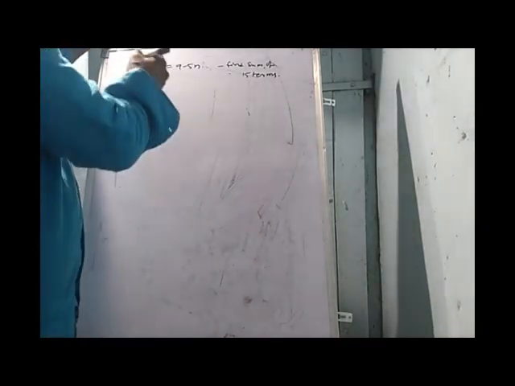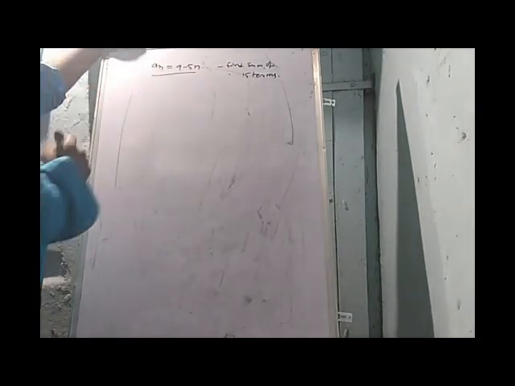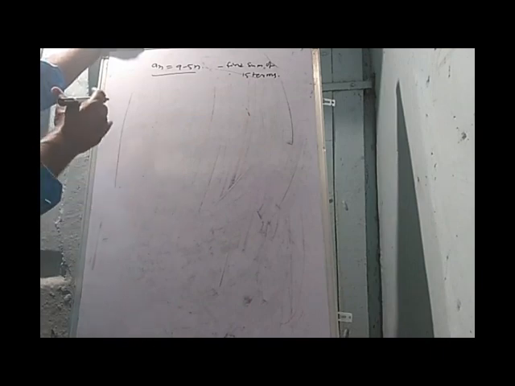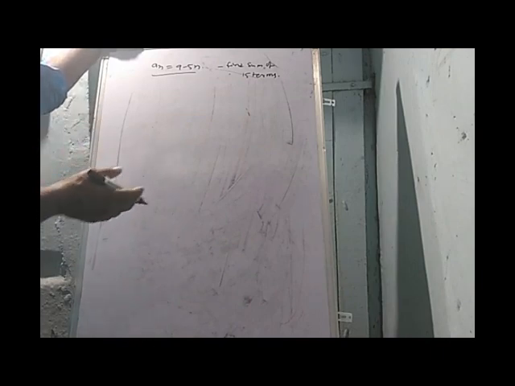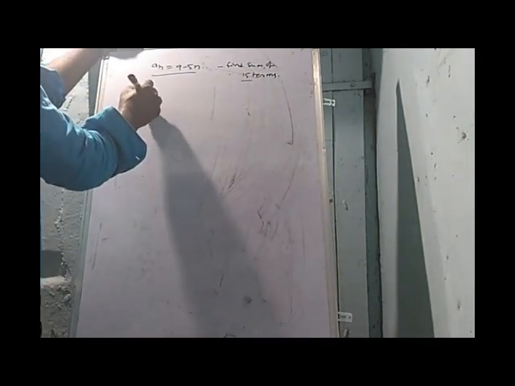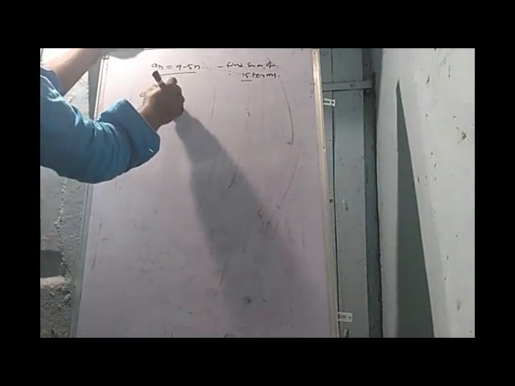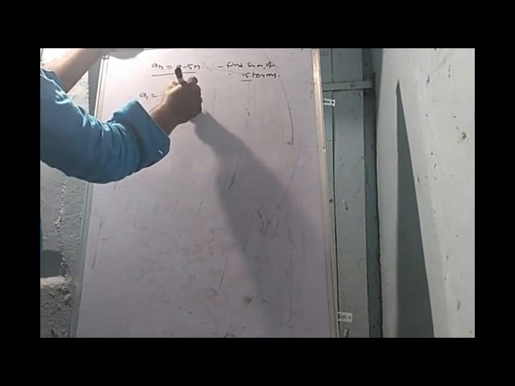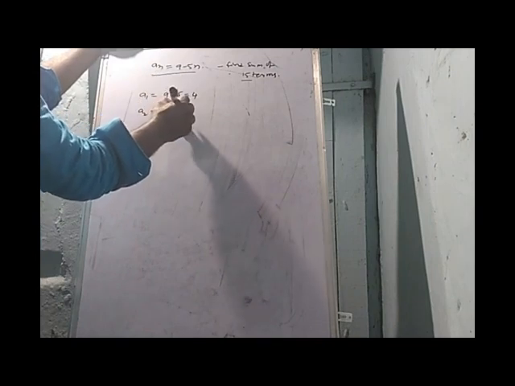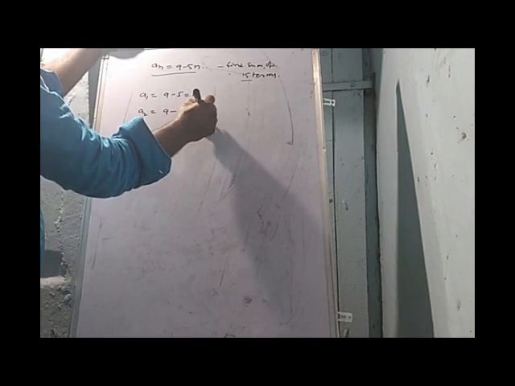They give an nth term form. From this form we can find out the series. After that we can find the a value, the d value, and the AP, arithmetic progression. From that we can find the sum of 15 terms. Let us see. For the first term a1, instead of n we substitute 1. So 9 minus 5 ones are 5, the result is 4. Next a2, 9 minus 5 twos are 10, 9 minus 10 is minus 1.